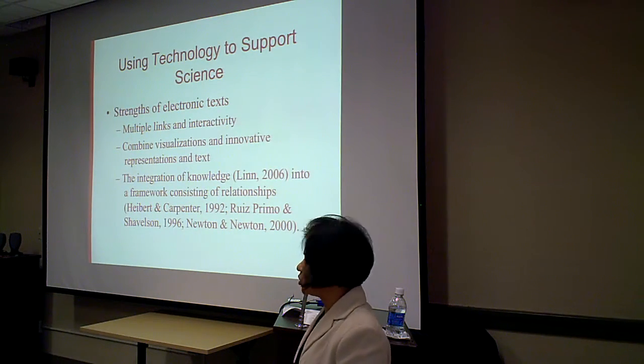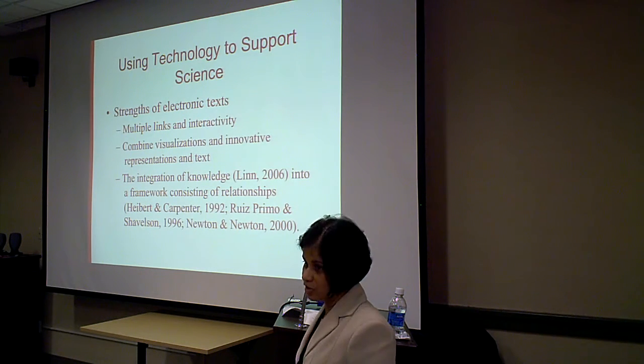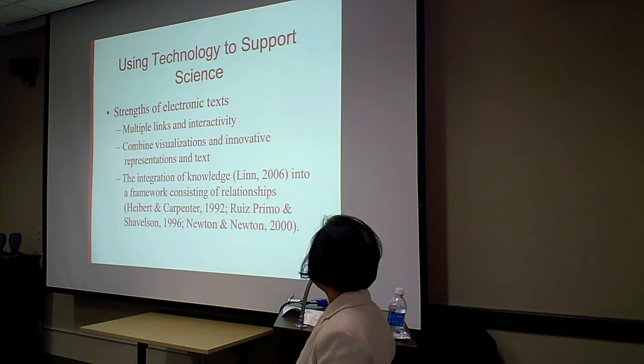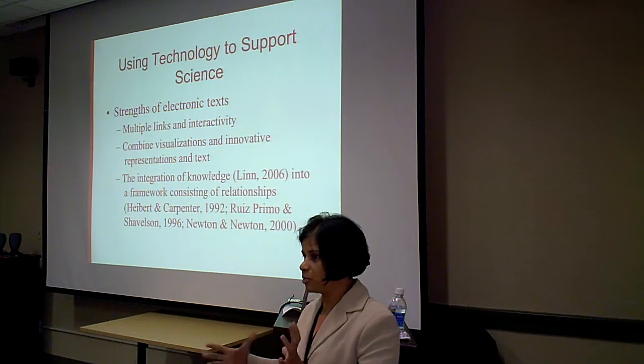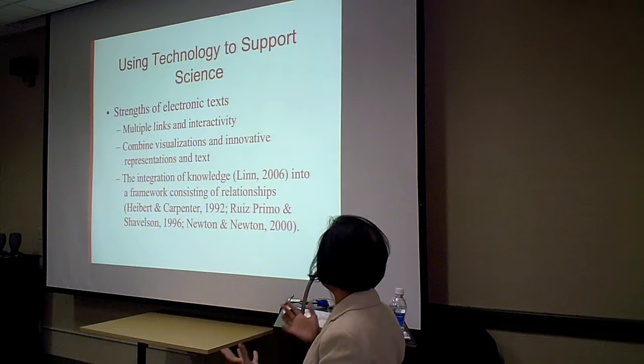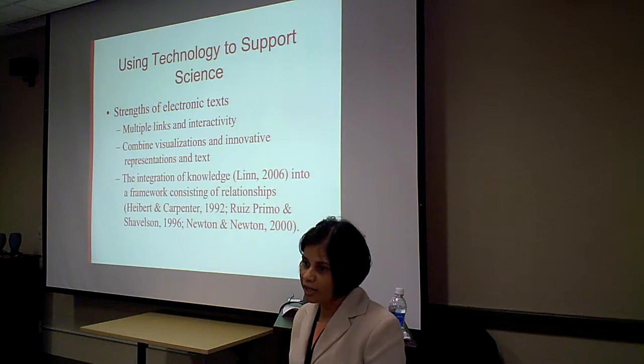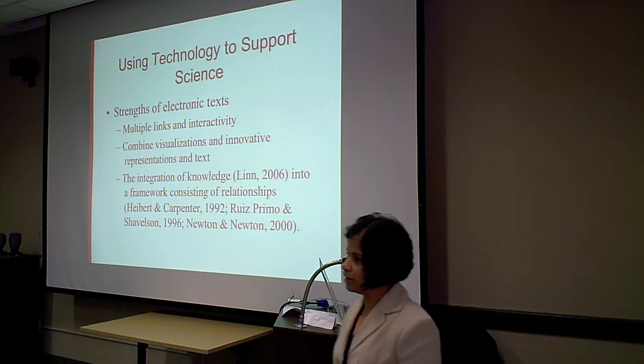You can include visualizations and innovative representations in text, and by having students see the different relationships between concepts and principles, they allow for integration of science knowledge, which is an important goal in science education.